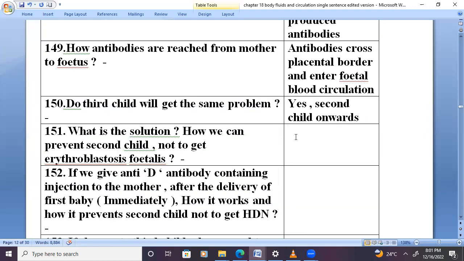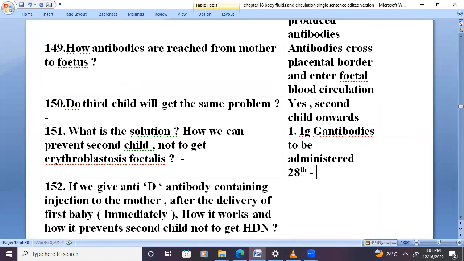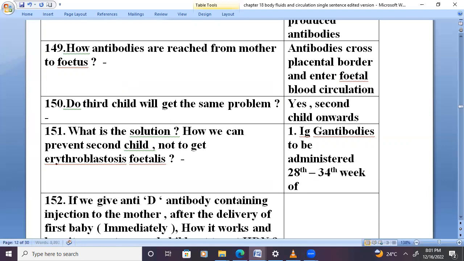What is the solution? How can we prevent the second child from getting erythroblastosis fetalis? Anti-D antibodies need to be administered from the 28th to 34th week of the first pregnancy. This is one precaution to be taken during the first pregnancy.